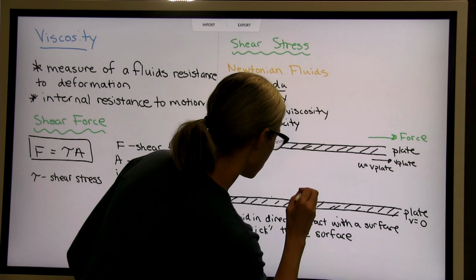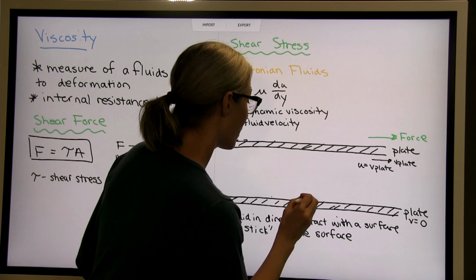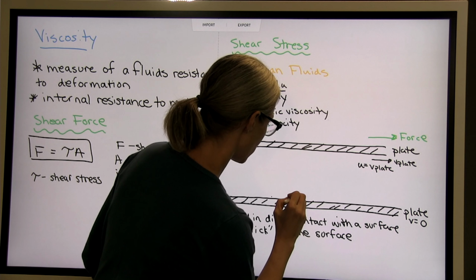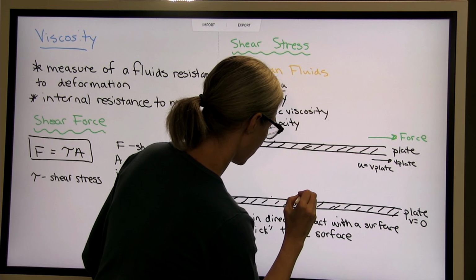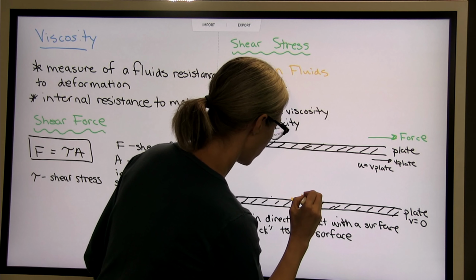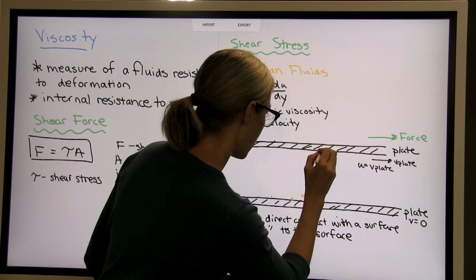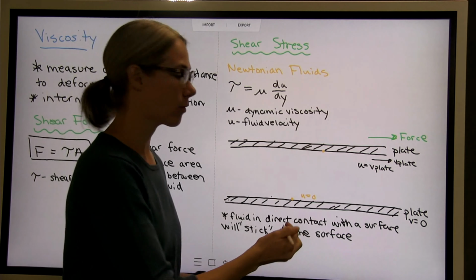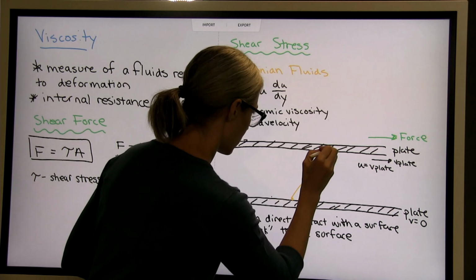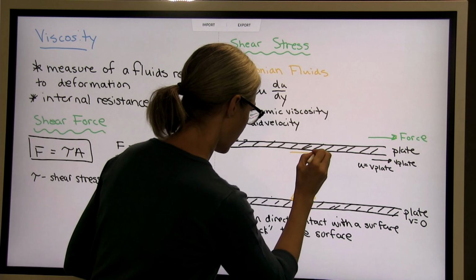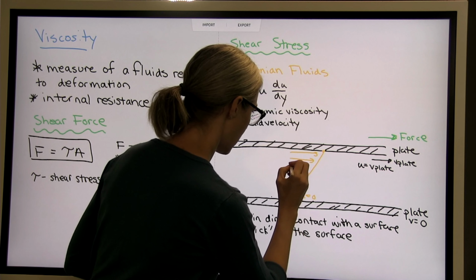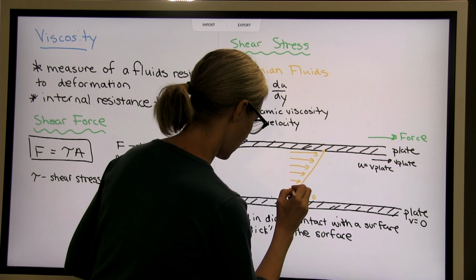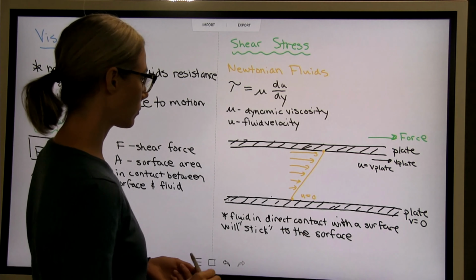So what happens is we end up with a velocity profile. At this stationary surface, our velocity is 0. And at this plate, the velocity of the fluid is whatever the velocity of the plate is. So we have a gradient of velocity that looks something like this.